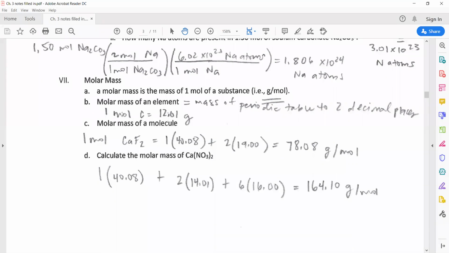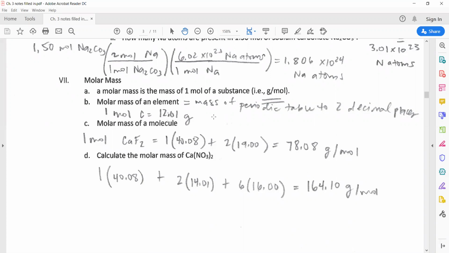So for example, if you have 1 mole of carbon, what that means you have is 6.02 times 10 to the 23rd atoms. You no longer have a single atom of carbon. You have 6.02 times 10 to the 23rd atoms of carbon. That is what 1 mole is. And that 1 mole would have a mass of 12.01 grams. That's because that's what's on the periodic table.